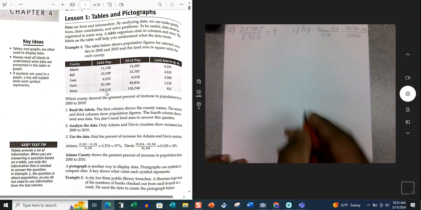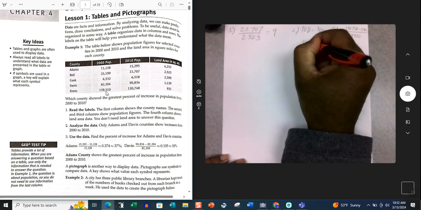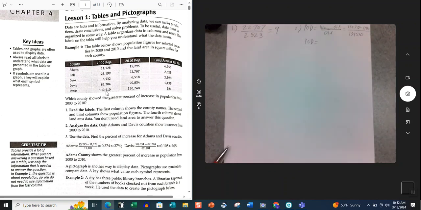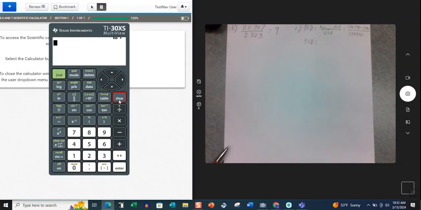Okay, now we can put this in our calculator. So what we would do here, we'll clear this out. We'll hit N over D, and we'll take the 130,748 minus the 139,510.